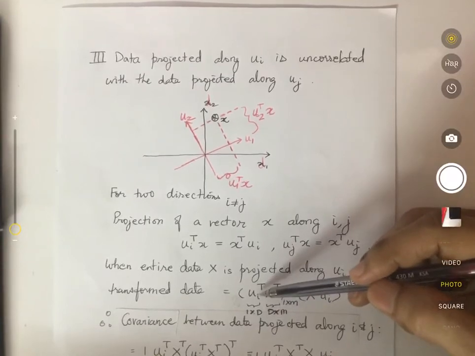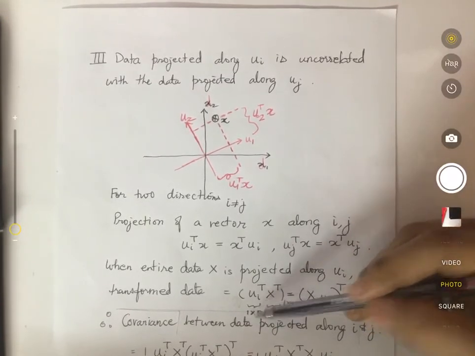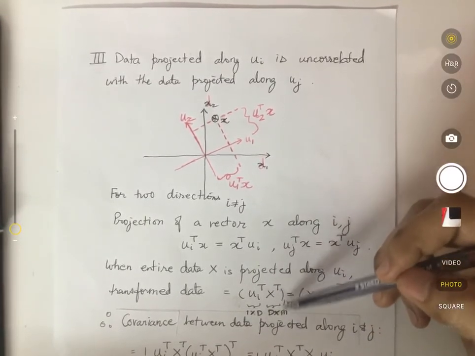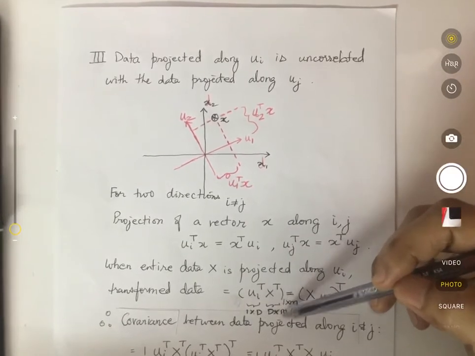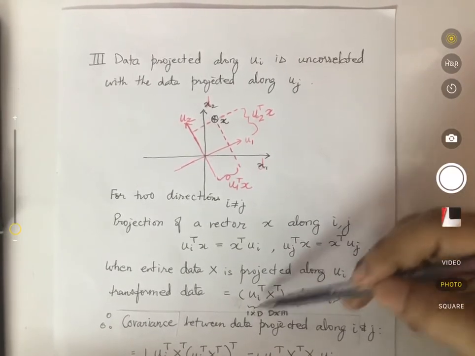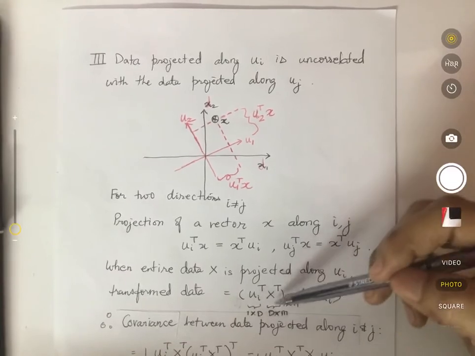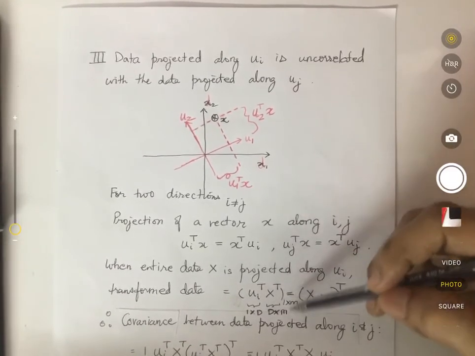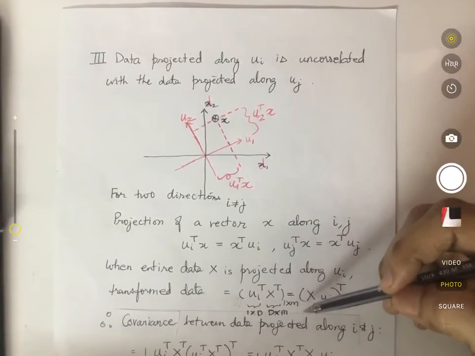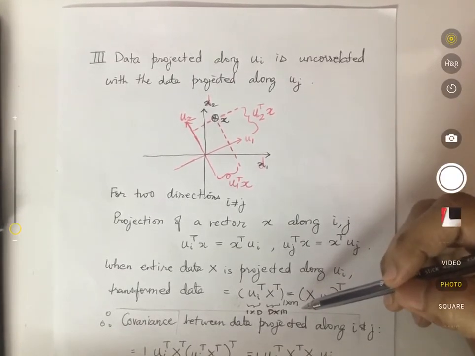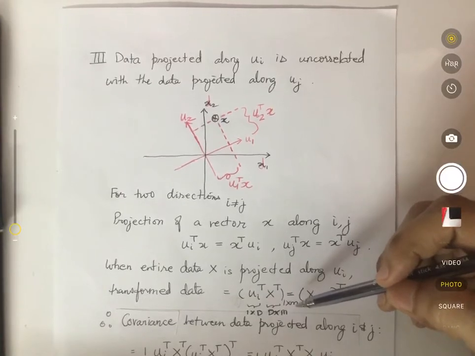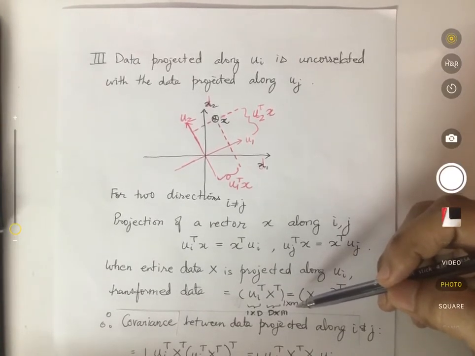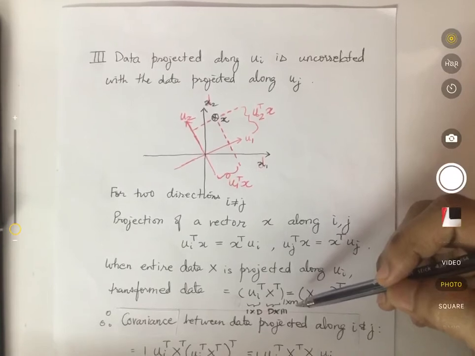Ui transpose has dimensions 1 cross d, and x transpose has dimensions d cross m. So they're compatible for multiplication, and the resulting matrix will have dimensions 1 cross m. Basically the projections are all kept one after the other in a row matrix.